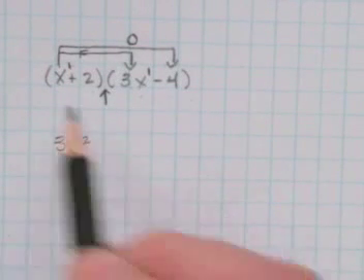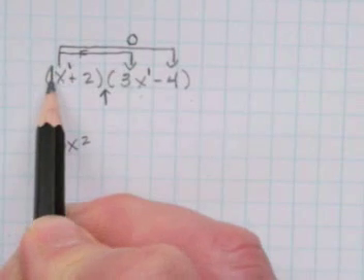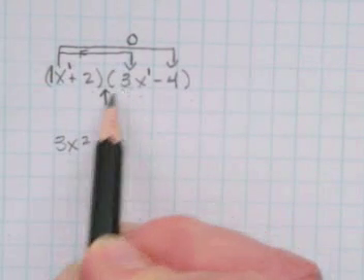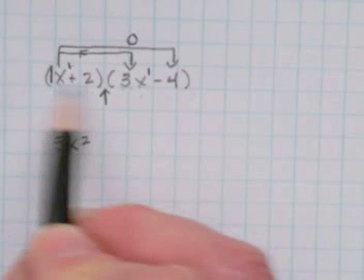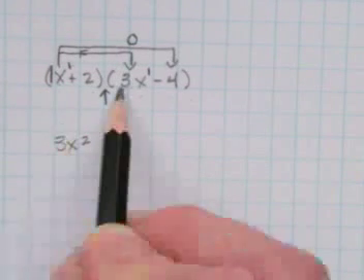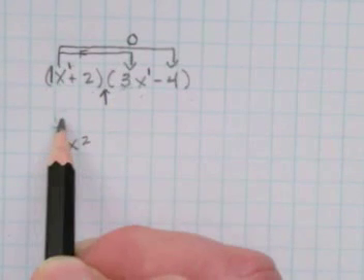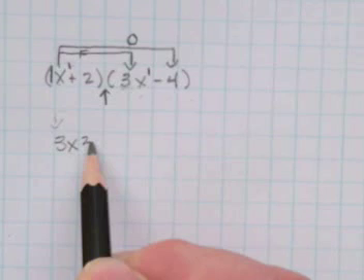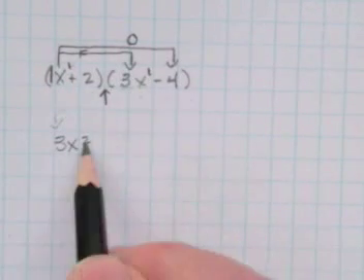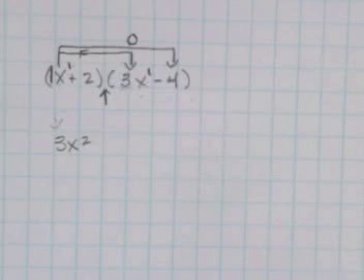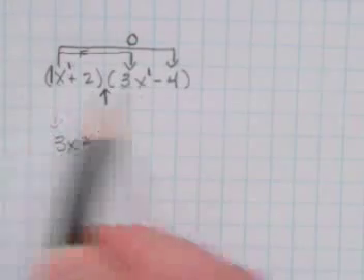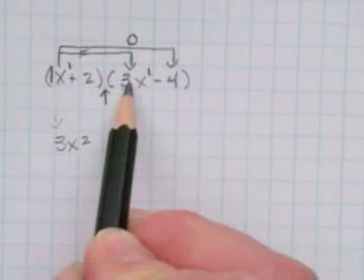When we multiply the coefficients, 1 times 3, I get 3 here. And then I'm adding the exponents, 1 plus 1 gives me an exponent of 2 there. So that is the product of my first two terms.